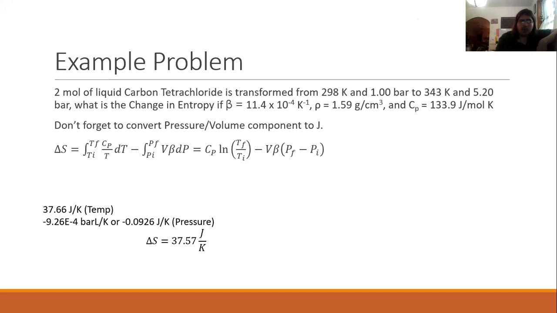A liquid often has very little change when you put pressure on it. So even though this is being compressed, the entropy change is very, very little. The biggest thing is the motional change of heating it up. These molecules are allowed to ricochet around in the liquid container. Even though I'm putting pressure on it, it's not causing a very large effect because this is looking at the pressure of a pure liquid.